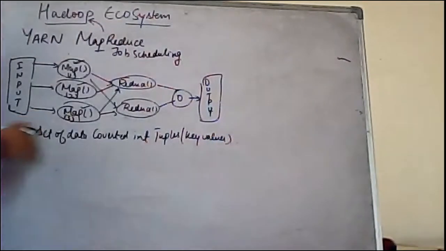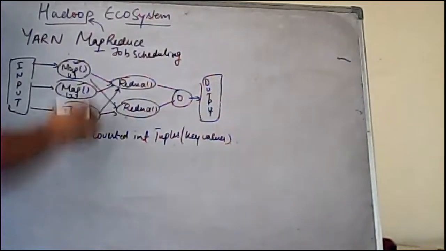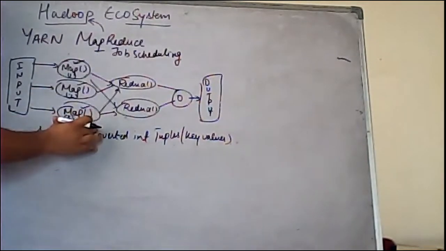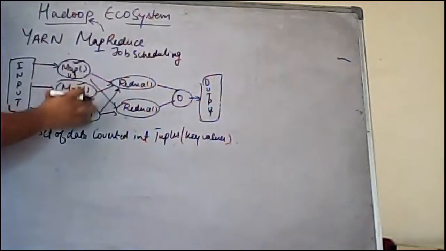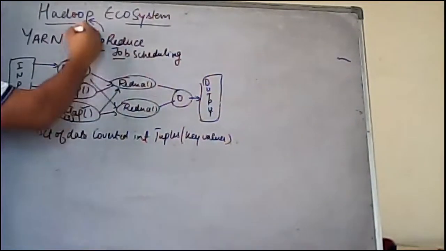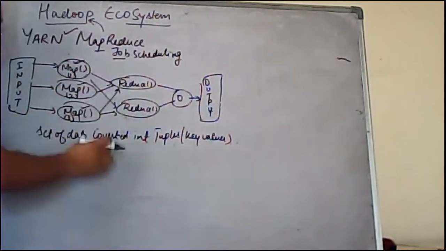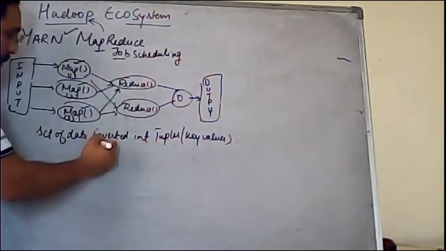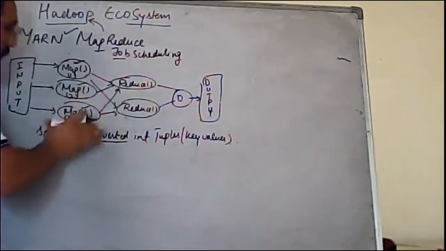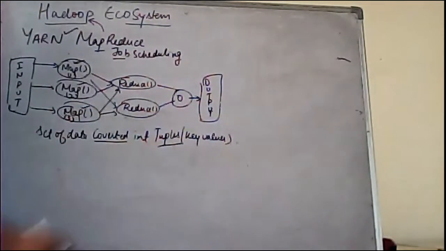Your set of data is your input. In MapReduce, your job will be distributed to different maps, and that is the functionality of the job. The map will convert your set of data into tuples, and tuples are your key values.